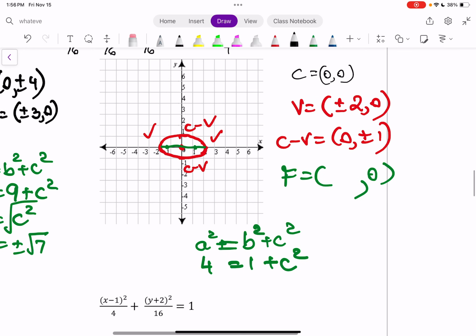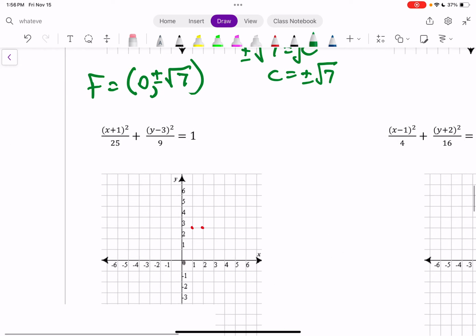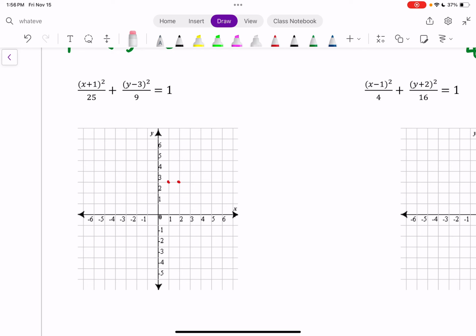So from here, I can easily solve, and c squared is going to be 3, which means c is plus minus square root of 3. So to get to the focus, I have to go square root of 3 units to the right of 0 and square root of 3 units to the left of 0 to find them. All right. So here are a couple more.